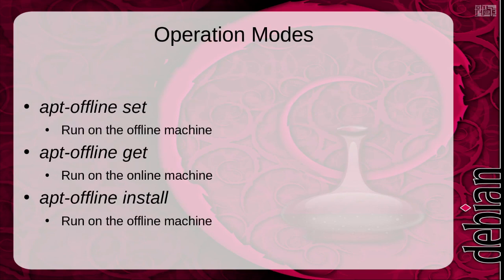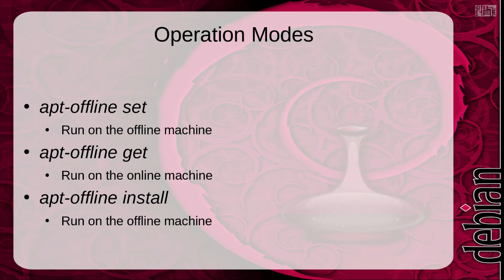In APT Offline, we have three modes of operation which are run on two different machines. There is the set mode, the get mode, and the install mode, of which set and install are run on the offline machine, whereas get can be run on any machine which has a network.